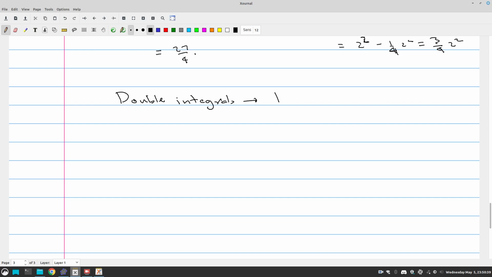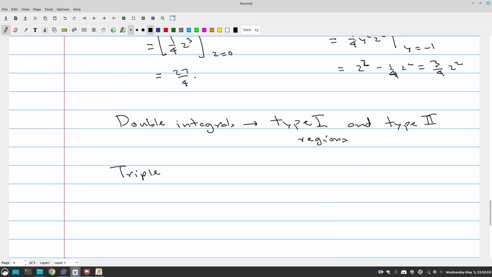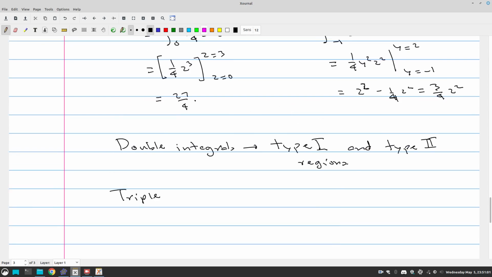Now with triple integrals, we're dealing with integration over general regions.